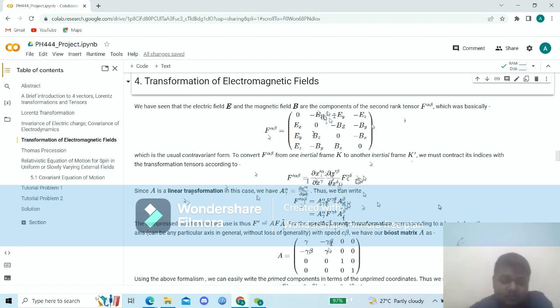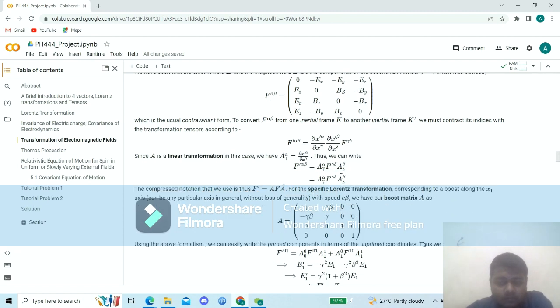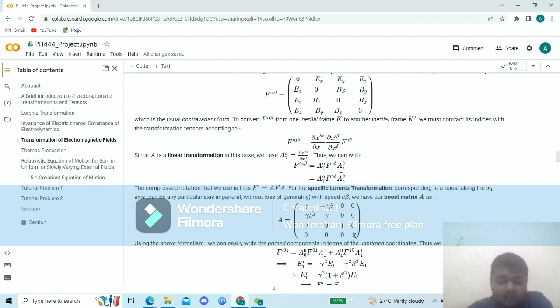So let's say that the boost is along the x1 direction with speed c beta. So we have a boost matrix A as basically the top left 2 by 2 matrix having the diagonal terms as gamma and the off diagonal terms as minus gamma beta, and the bottom right 2 by 2 diagonal is the identity matrix.